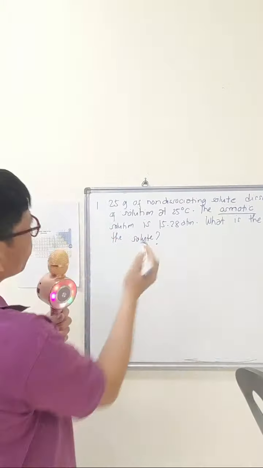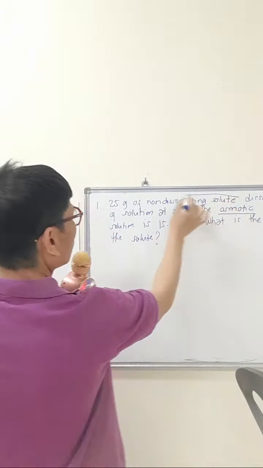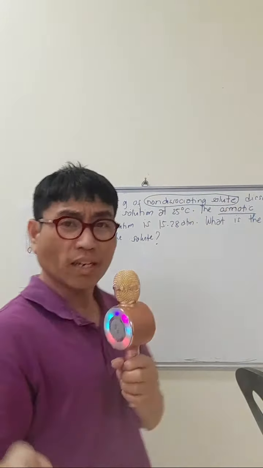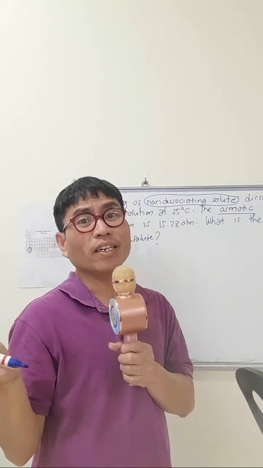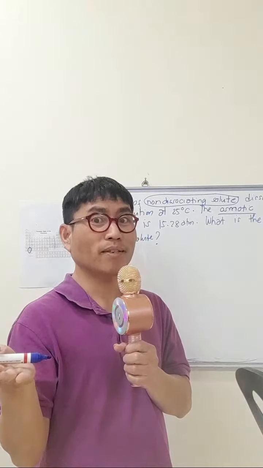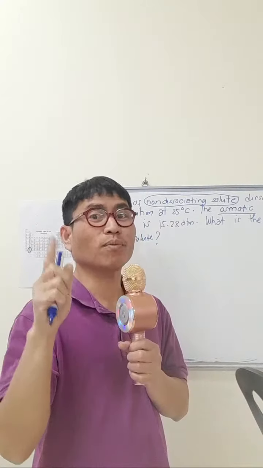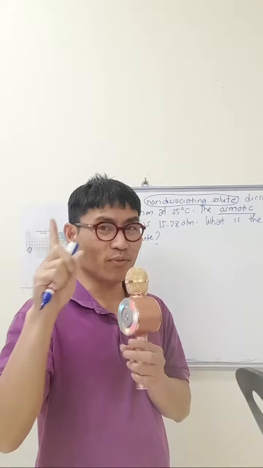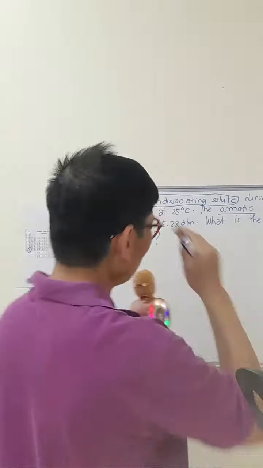First, they introduce a non-dissociating solute. This is the first issue. Since this is an equilibrium property dealing with dissociation of solutes, why does the problem give a non-dissociating one? So in the first place, it doesn't fit. That's the first issue. Okay, second issue.